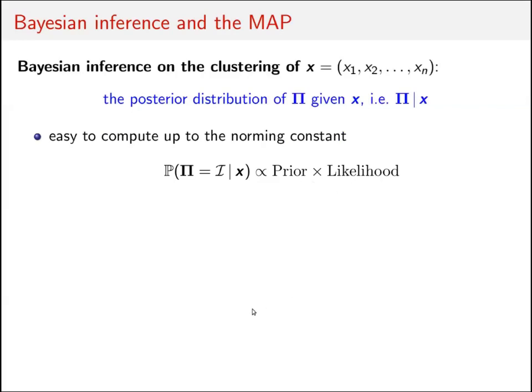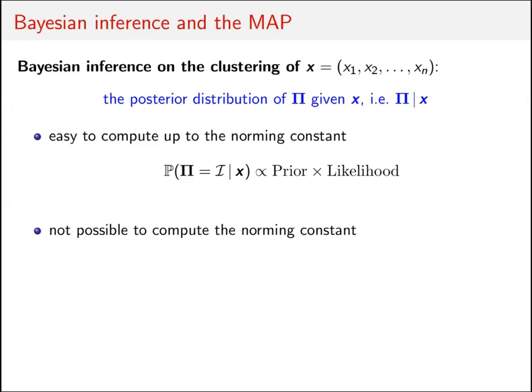But as is very common in the Bayesian setting, it's not possible to compute the norming constant in this case, and that is why when we use this kind of models, we need to do some approximate sampling like MCMC simulations.